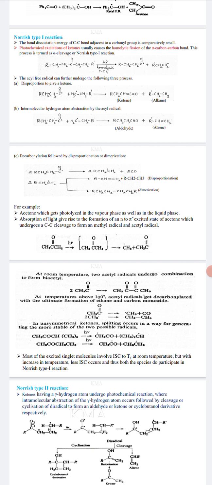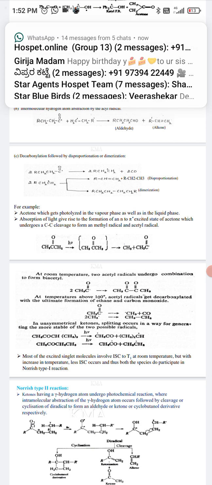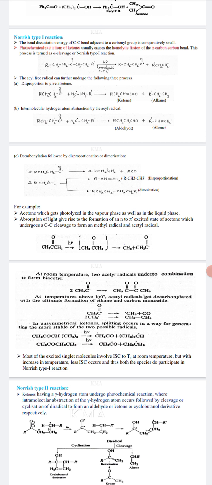The third one is decarbonylation. Decarbonylation is again followed by disproportionation or dimerization. Here the acyl free radical breaks to give an alkyl free radical and carbon monoxide. This is one way it may happen, or this acyl radical undergoes a disproportionation reaction, that is removal of carbonyl group happens.